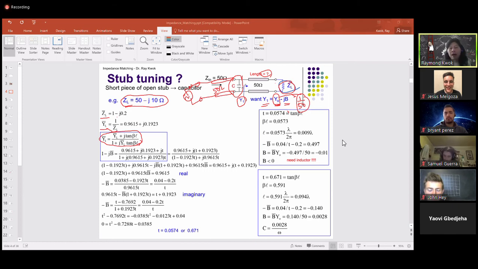But the reason we say C is because I can model the physical picture. Again, we have a substrate here, and the ground is at the bottom. The transmission line is here, and the stub lays on top of it. That's an open stub, but you can also model this as a shunt capacitance. So for simplification, before we talk about stubs, I'm just going to use the capacitor.